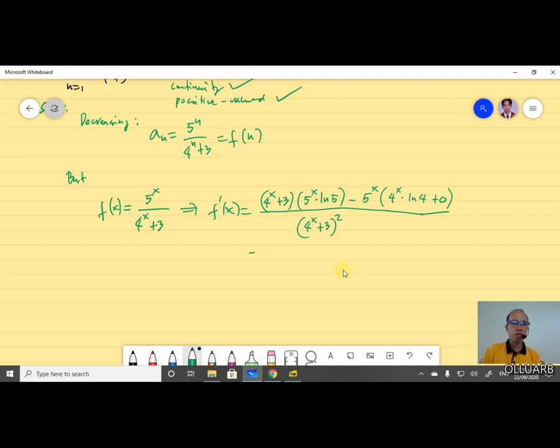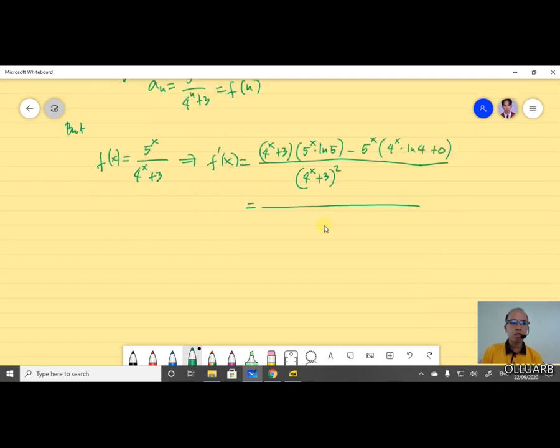Okay, so simplify. What you will get here is that your common value in the numerator is 5 to the x.